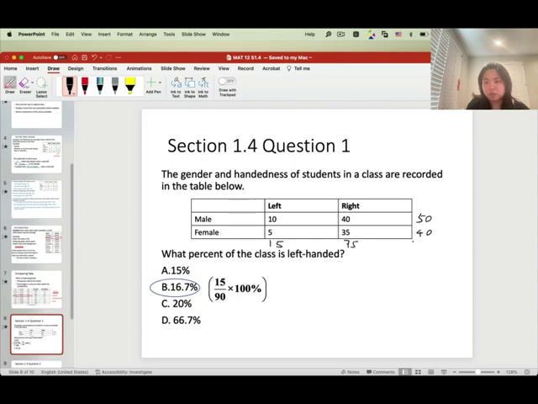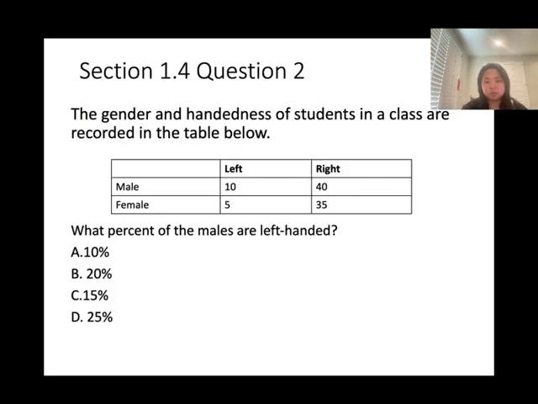So added up, the grand total will be 90. And then the percentage of the cars that are left hand: 15 divided by 90 and times 100%, which gives us B, 16.7%. Okay, so try the next one.